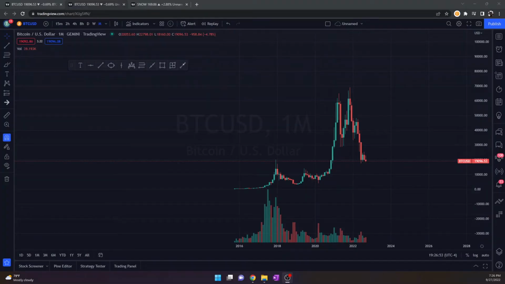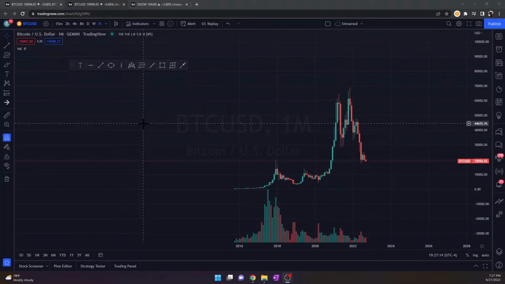Hi, everybody. I'm back. So now we're taking a look at the Bitcoin USD chart inside of TradingView. TradingView is a web application that allows you to view charts of different assets.